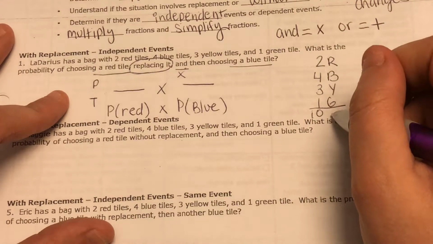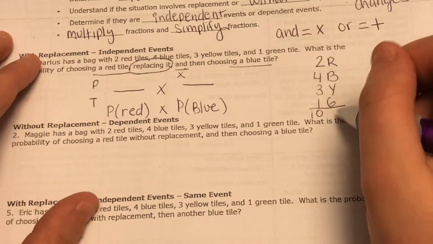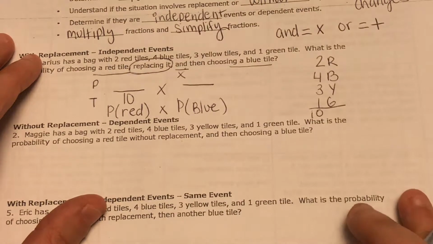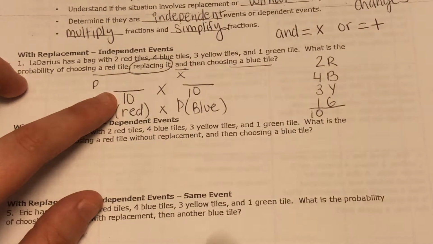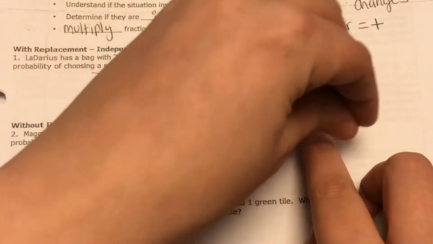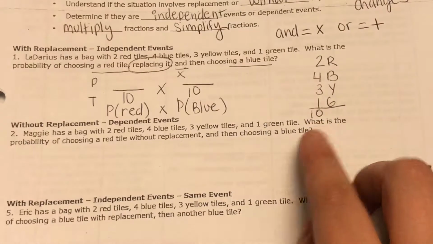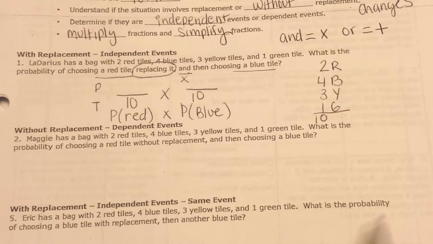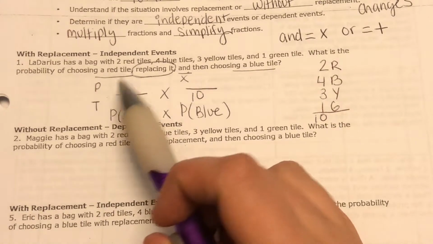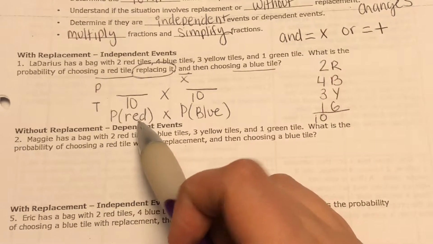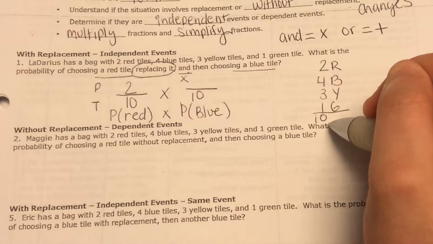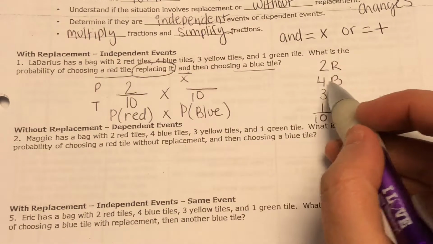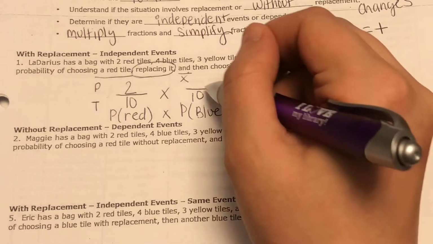So I have 10 total tiles. 10 goes on both the bottoms because I'm replacing it. If I pick a red, I put it back and I still have 2 red in there. So my part for red is 2 because I have 2 red out of 10. My part for blue is 4 blue out of 10.